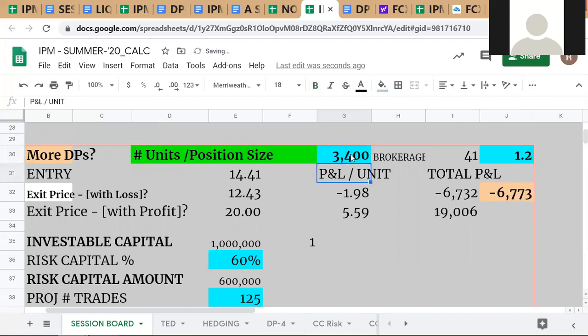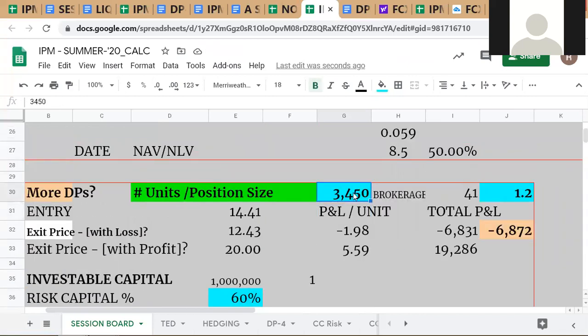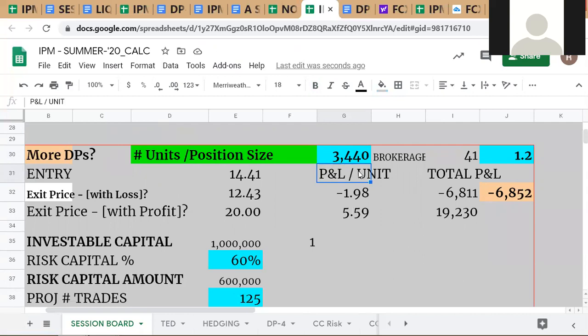Very close now. 6857 is slightly more actually, so 340 maybe. So it's just about there. So this is the number of units if you do it exactly, very close to the maximum risk per trade.